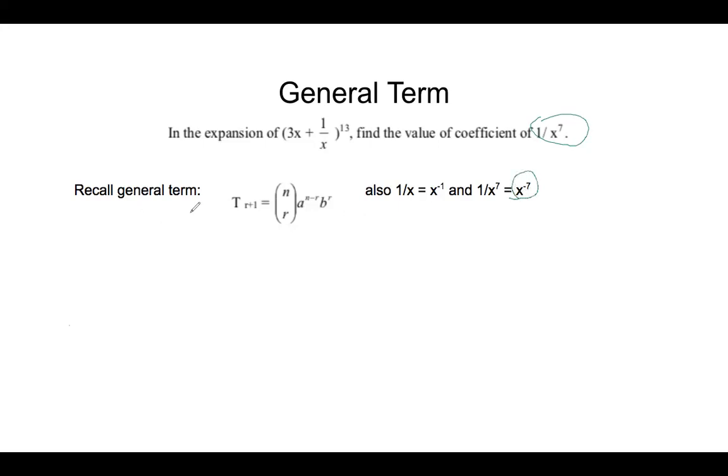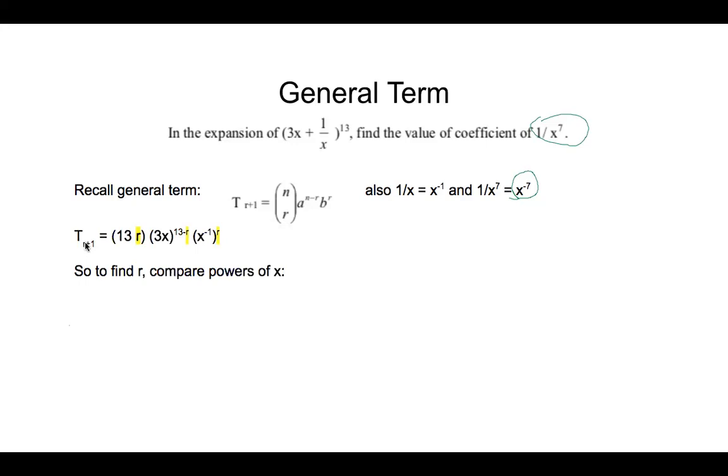So we're looking at a term that will give us a final x power 7. All right, we're looking for the term that gives us x power 7. So how do we do that? We're going to match the coefficient.